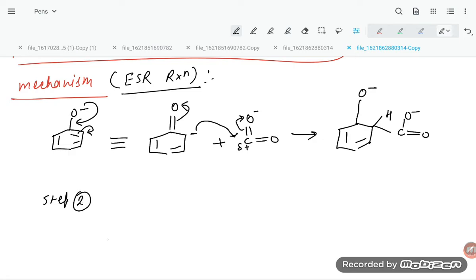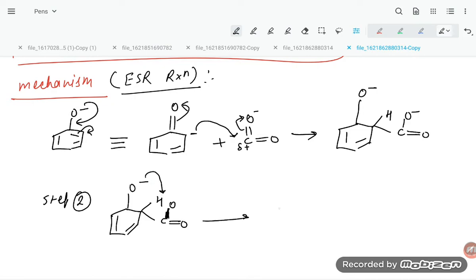Here the hydrogen is there, here is C, the O negative, and double bond O. This O negative will absorb this hydrogen.